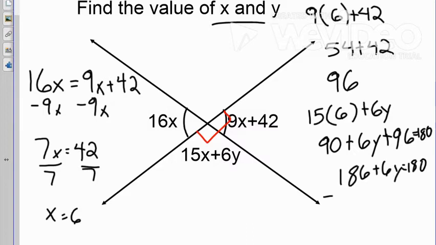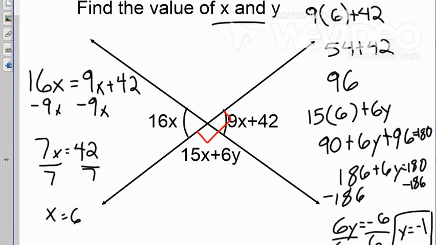We subtract 186, so we get 6y is equal to negative 6. Divide by 6, so y equals negative 1. So there are your answers for that. And again, we can have a negative value because we're not finding degrees, we're just finding the values of the variables, and they should make this true. Okay, so that's your warm-up for today.